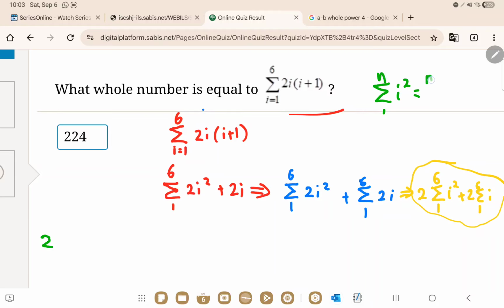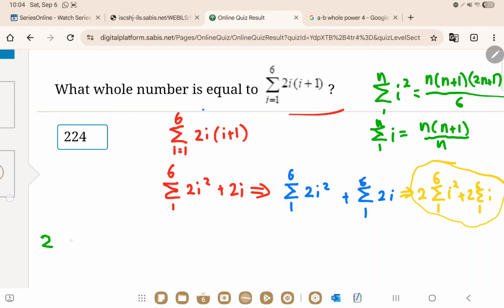It is n into n plus 1 into 2n plus 1 over 6. And the same for i. For i, we also have an equation which is n into n plus 1 over 2. So we just use these equations and apply them.